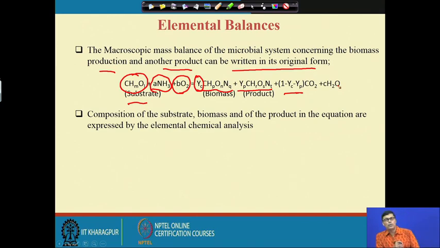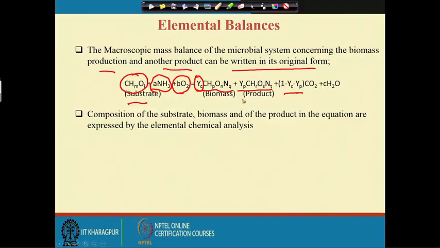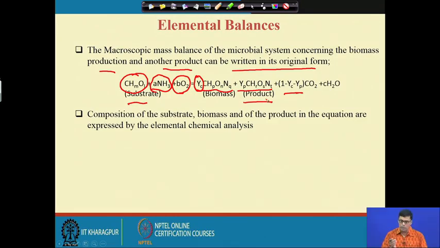But suppose we want to produce only biomass, so we can ignore the product formation. But if we want to produce a product, as for example in the ethanol fermentation process, citric acid fermentation process or penicillin fermentation process, then we can ignore the biomass formation.